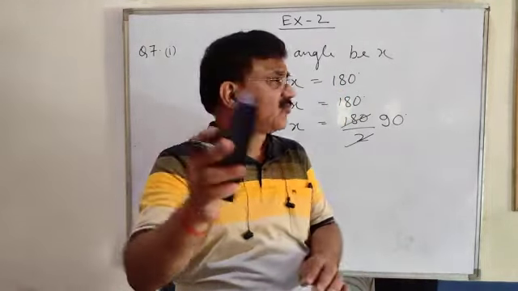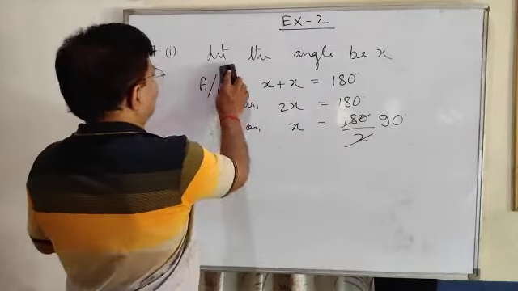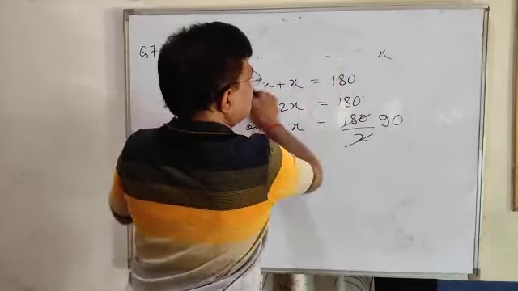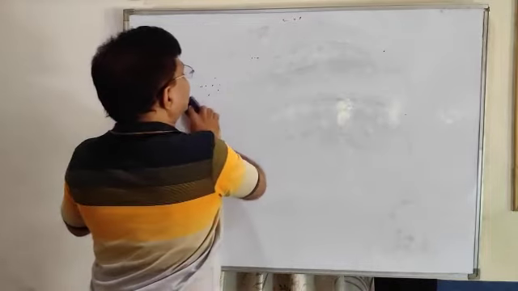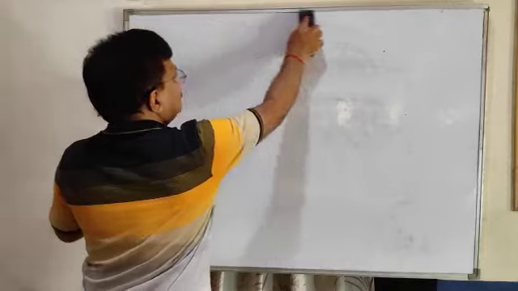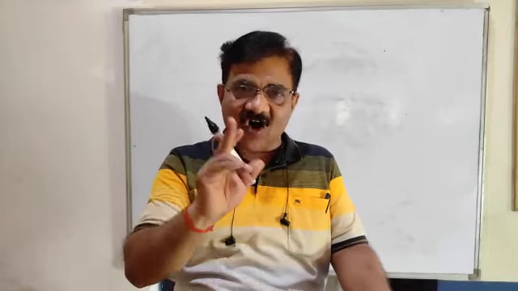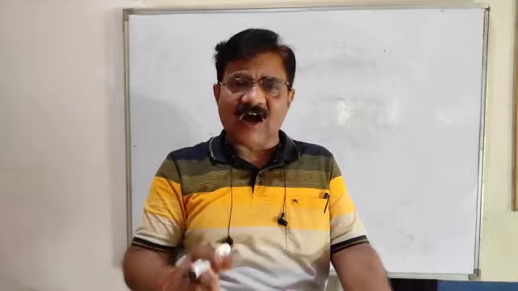Next, let us solve one question from question number 8. Question 8: the sum of two adjacent angles is 110 degrees. Adjacent angles, I have discussed, are when two angles have one common arm and common vertex, and non-common arms are on the opposite side; they are called adjacent angles.